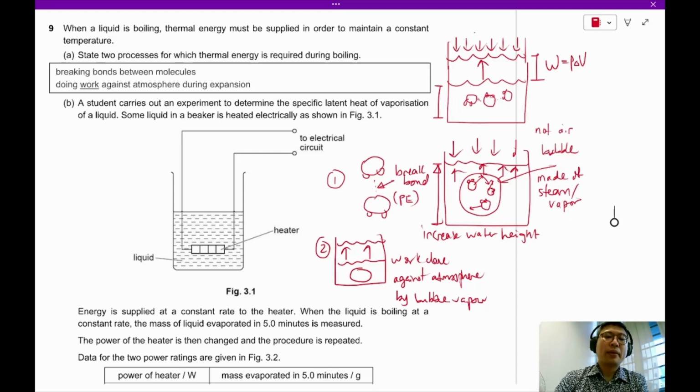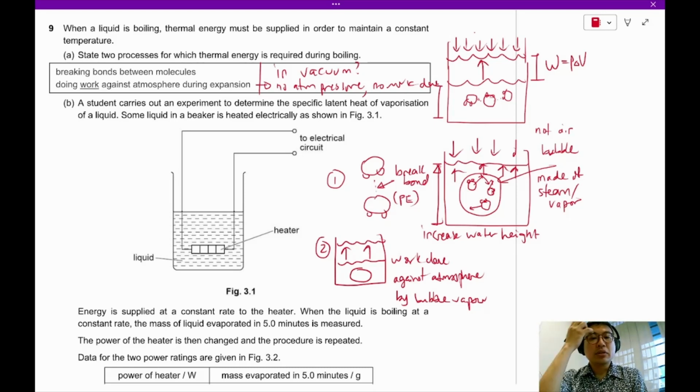Now, what happens when you boil water in a vacuum? When you boil water in a vacuum, there is no atmospheric pressure, so there is no work done, or rather negative work is done because you're pushing against zero pressure. So what does this mean?